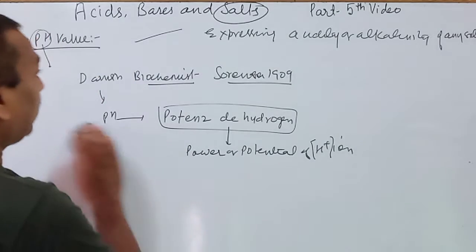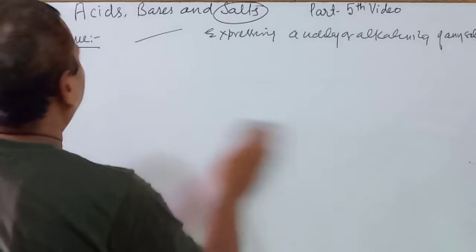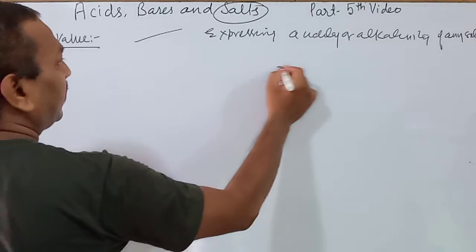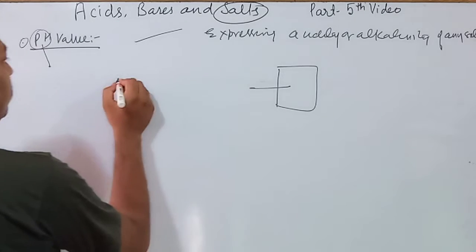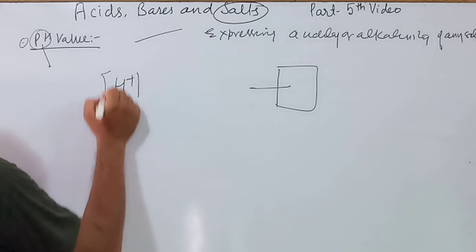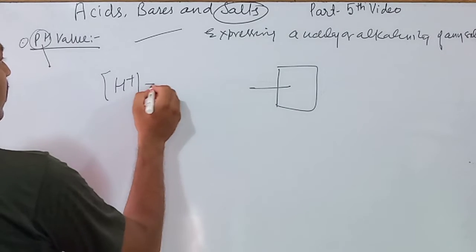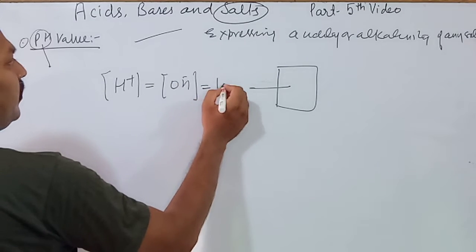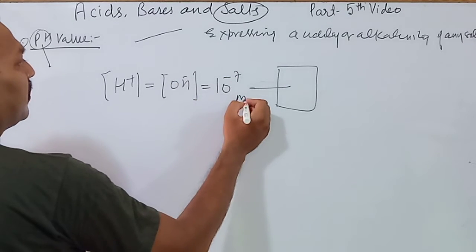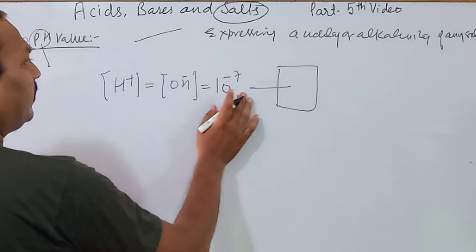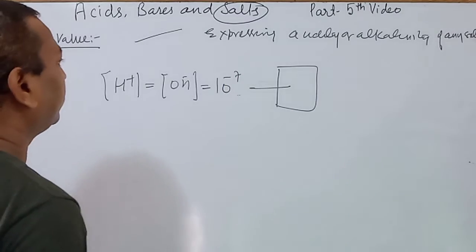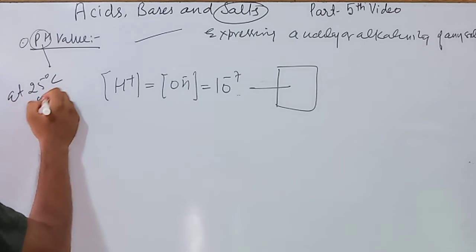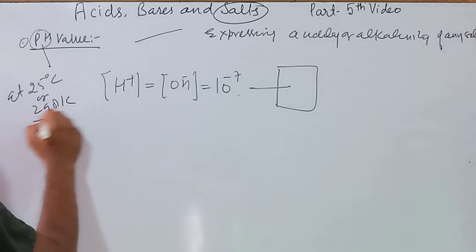Now see this pH value. If there is a solution in which the concentration of hydrogen ion is equal to the concentration of hydroxide ion, equal to 10 to the power minus 7 moles per liter, at 25 degrees Celsius or 298 Kelvin, this is one case.